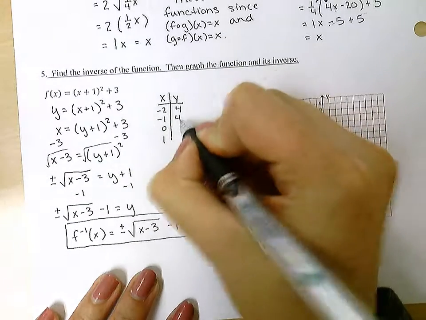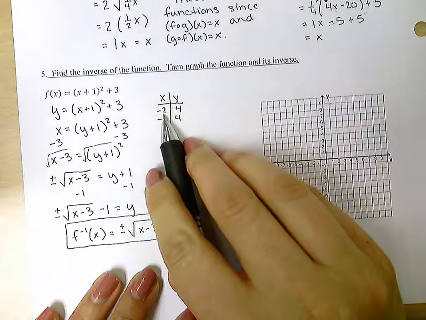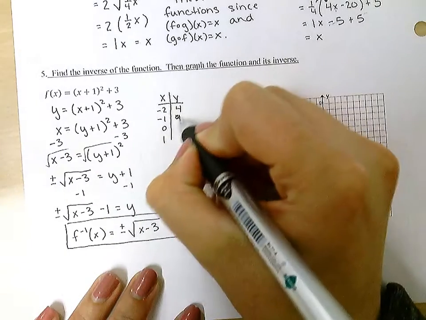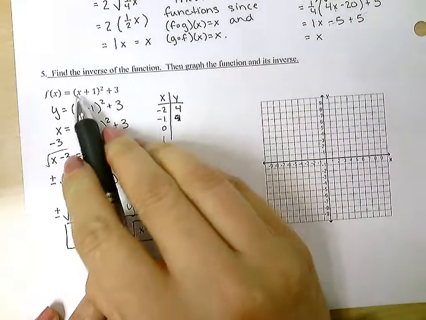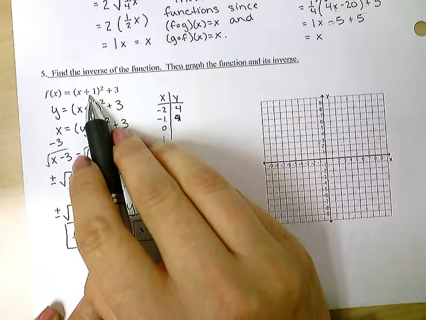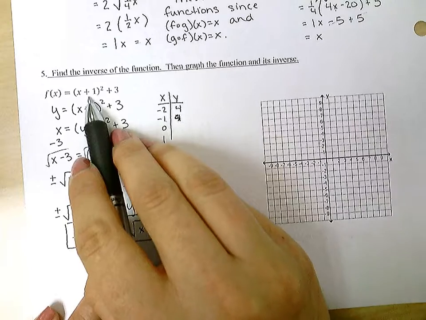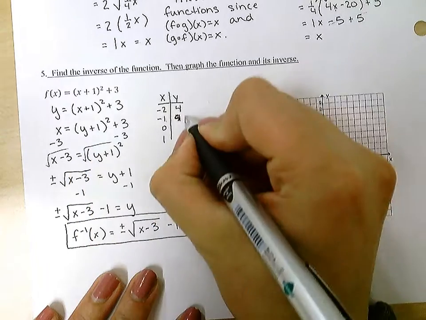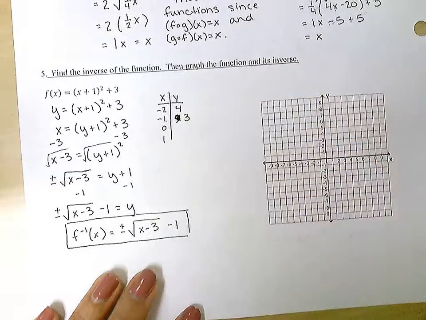Okay, plugging in -1 now. So if I plug in -1 here, I have -1 plus 1 is 0. 0 squared is still 0. Add 3, this is 3.